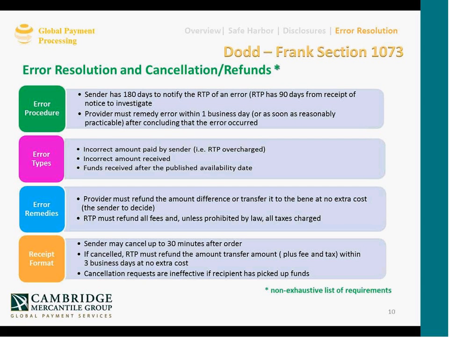But before we get into the remedies that actually occur, and what you need to do as a remittance transfer provider, I want to talk about the published availability dates. Published availability dates have a kind of win in there, where if for a compliance reason those are delayed, or if there is missing information regarding that payment, your consumer does not have the ability to come back to you, the community bank, for an error resolution.